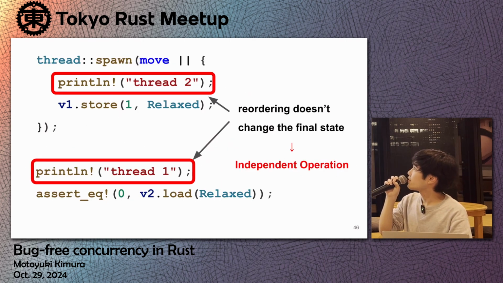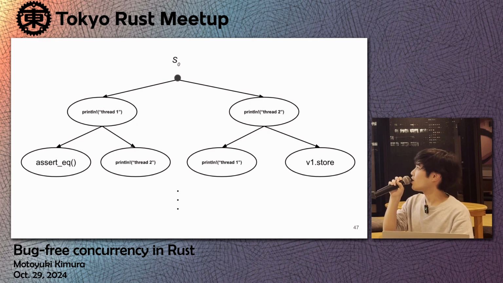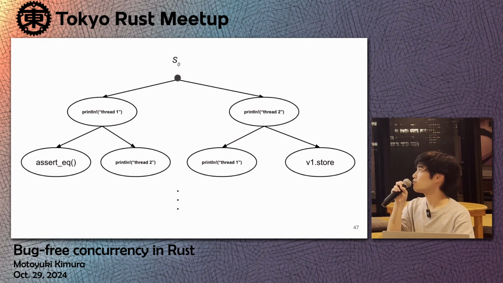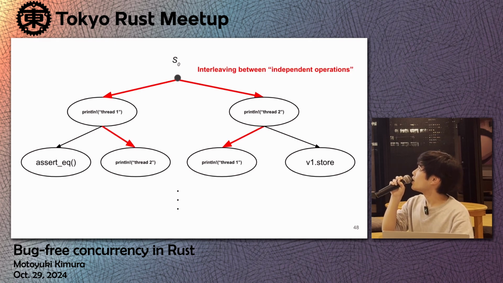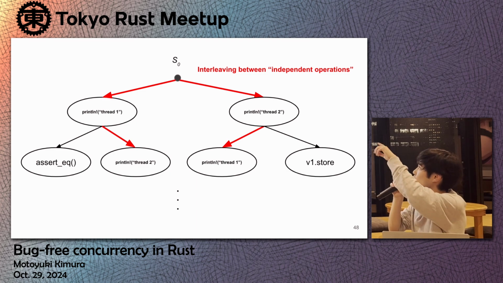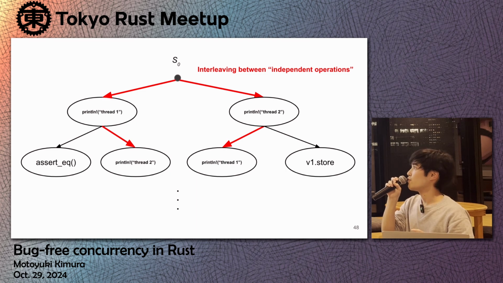So next, let's see how this dependency concept can reduce the actual state space. This is a state transition diagram that represents the previous program. And in the interleaving, there are also two paths where just the two println executions are reordered.